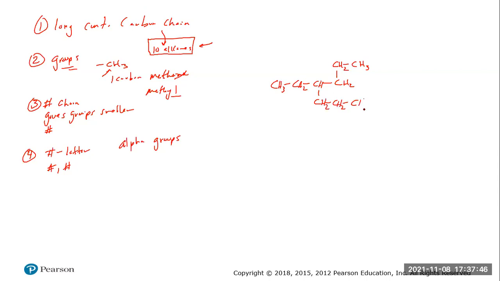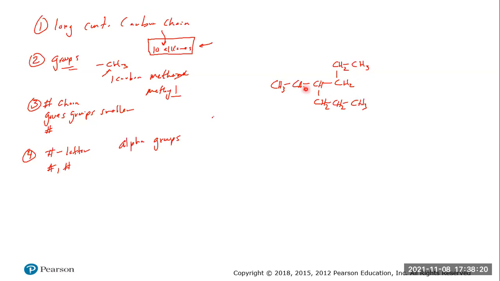All right. So again, we would want to find our longest continuous carbon chain. And there's a couple of different ways we could count. Let's go straight across, 1, 2, 3, 4, then go up 5, 6, which is more. We could also go 1, 2, 3, and then down 4, 5, 6, so that is the same. We also have 1, 2, 3, 4, 5, 6, 7. So actually, this is the longest carbon chain in this case.